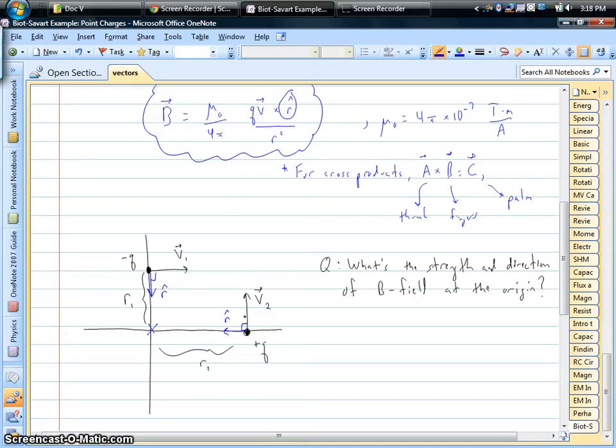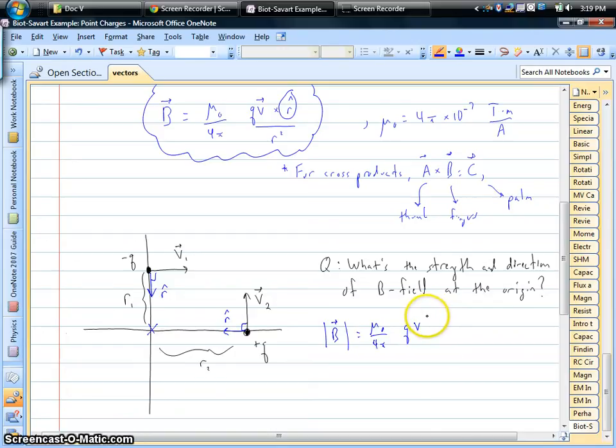Now, how do we figure out the strength of the magnetic field? Well, for the magnitude, whenever you have a cross product, you keep the constants. Now we're going to have the total charge times whatever your speed is, that's the magnitude of your velocity.